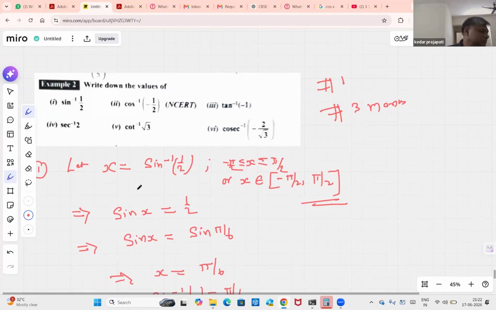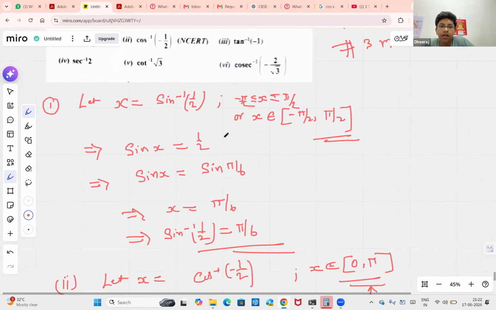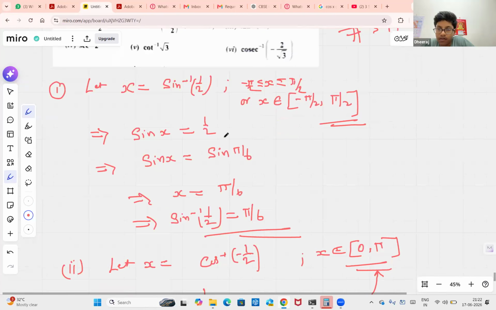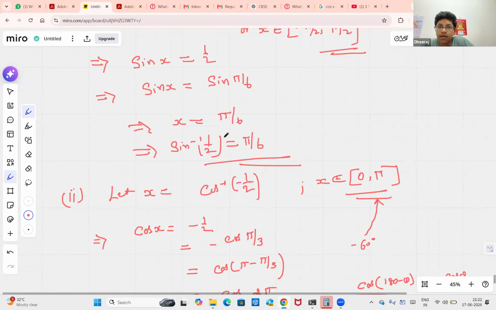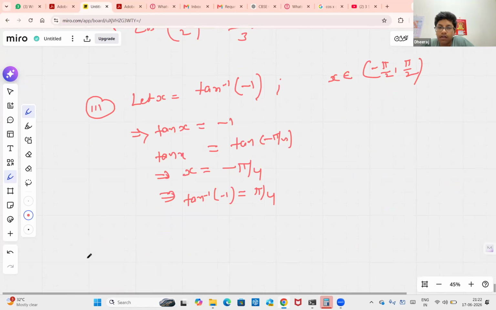So let's not solve the sec, because range and all I have not taught you. Sec range is 0 to pi, except pi by 2. So the question is sec inverse minus 2.